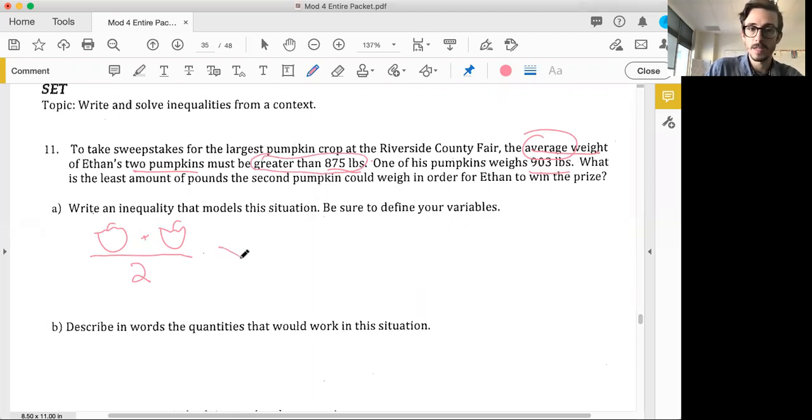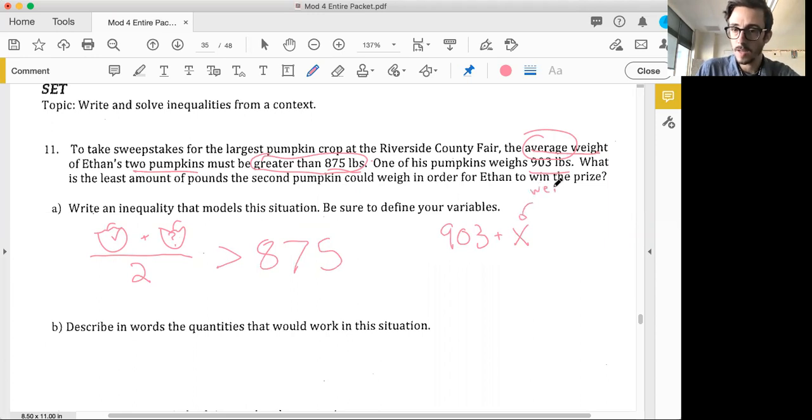And so we know one of the pumpkins. So if we just took one of these and plugged in 903, we could have 903. Because again, we know the weight of one of them. We don't know the weight of this other one though. So we could put in a variable there. So we'll call this X, and this is the weight of the second pumpkin.